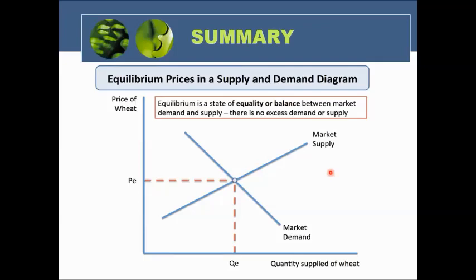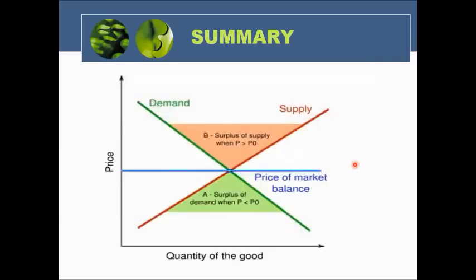So it's good to identify the equilibrium price and quantity so that there's no excess on the demand and supply. Okay, so this is the graph about the surplus of supply and the surplus of demand.